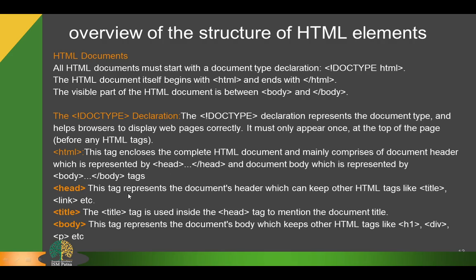The head tag represents the document's header, which can keep other HTML tags like title, link, metadata, etc. The title tag is used inside the head tag to mention the document title. Whatever you write inside the title tag will appear on the tab when you open that particular page. The body tag represents the document's body, which keeps other HTML tags like heading, div, p, etc.